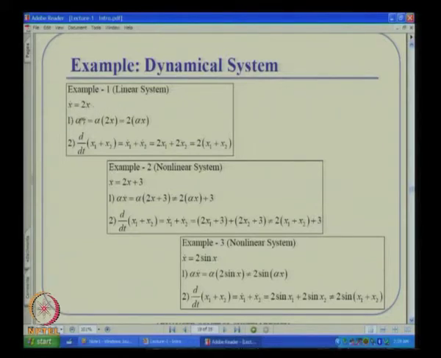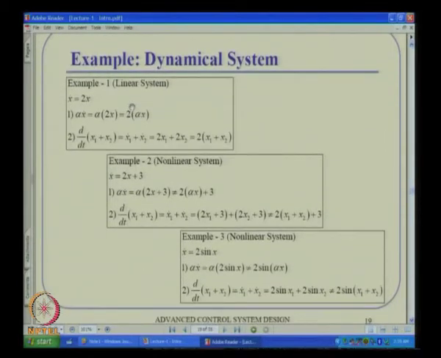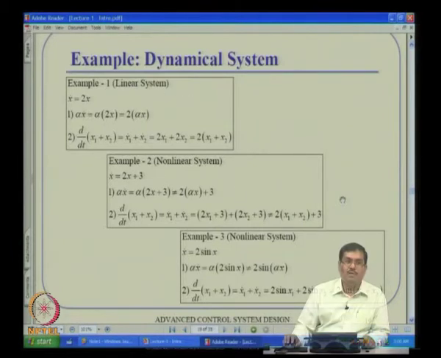You can clearly see that if I multiply by alpha, alpha times x dot equals alpha times 2x, and I can manipulate that as 2 times alpha x. So, essentially if I multiply the input by alpha, then the output is also multiplied by the same quantity. So, that is a linear system from the first condition.